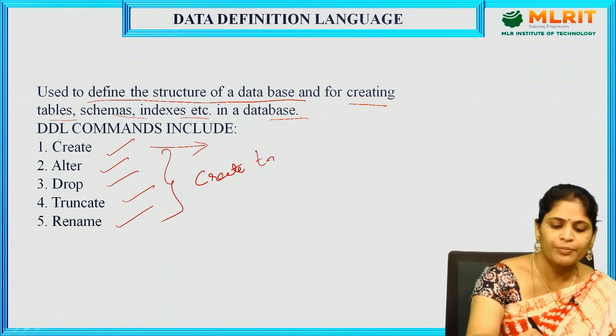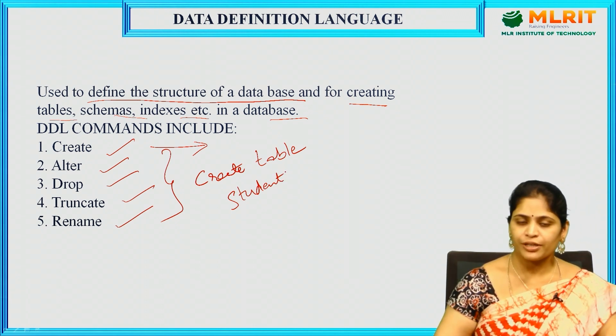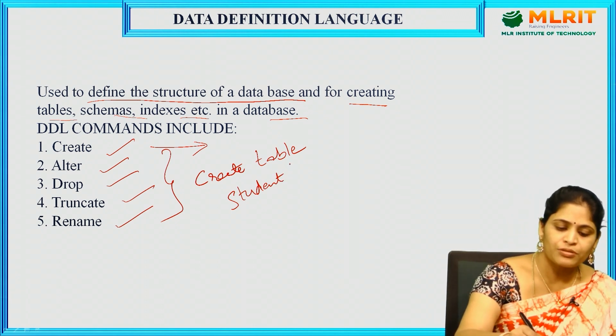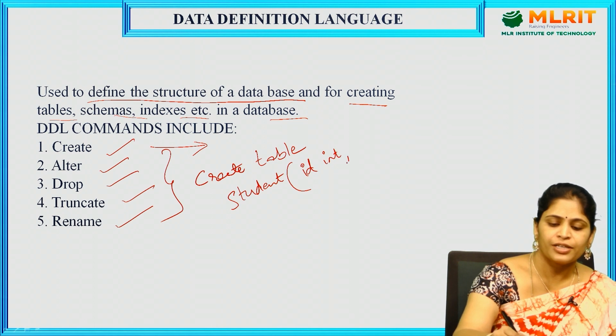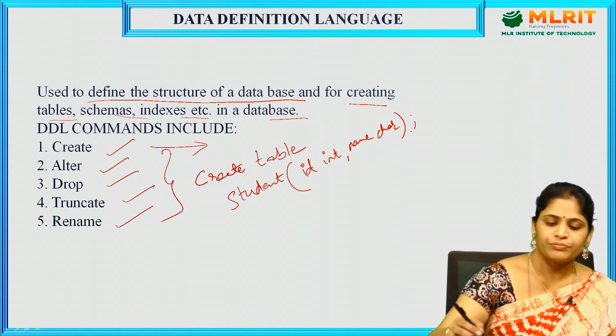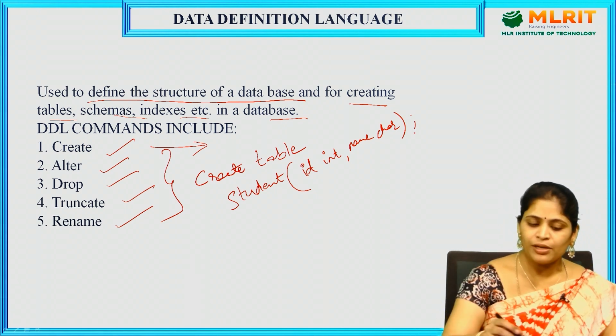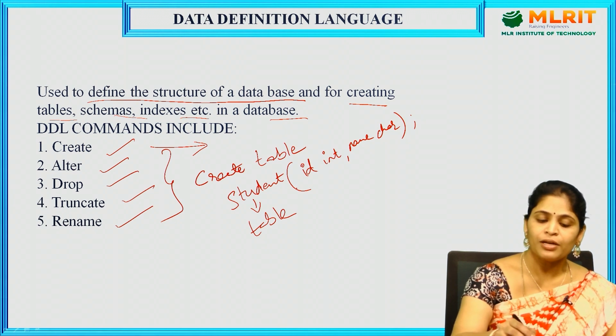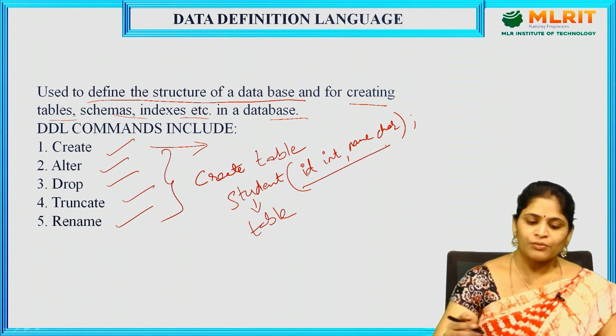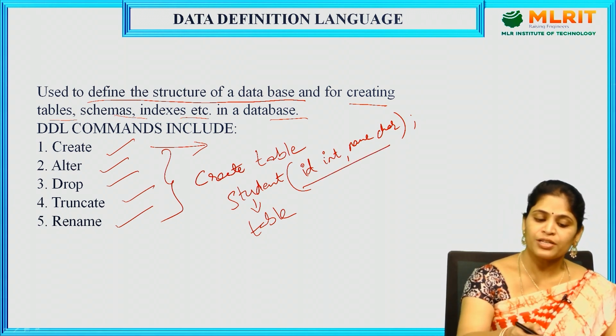For example, create table student, which includes the attributes student ID, which is of integer data type, and student name, which is of character data type. So it is create table, then the table name, and then the attributes, that means whatever attributes we want in this table.